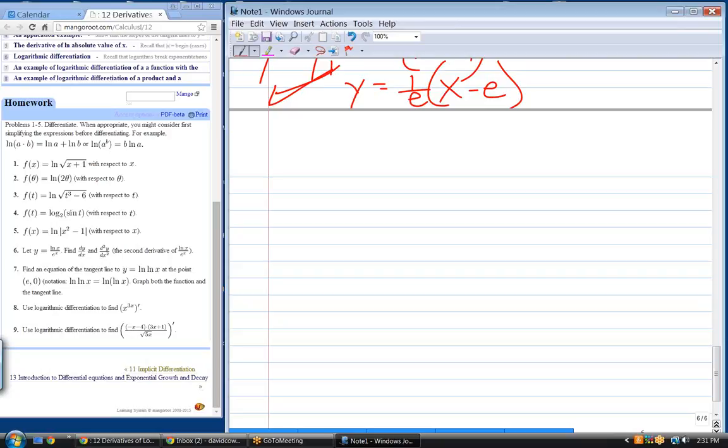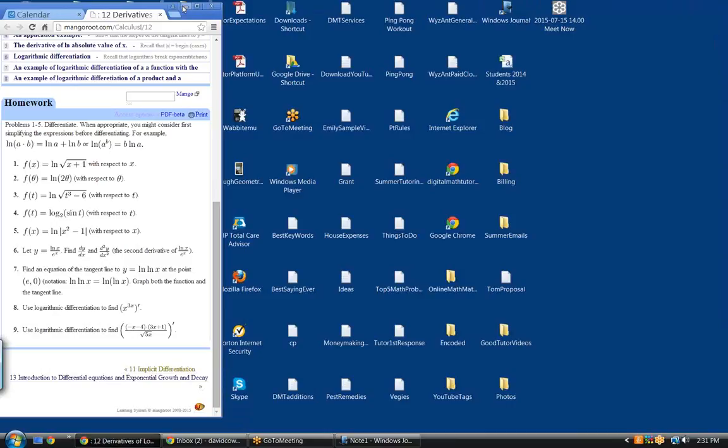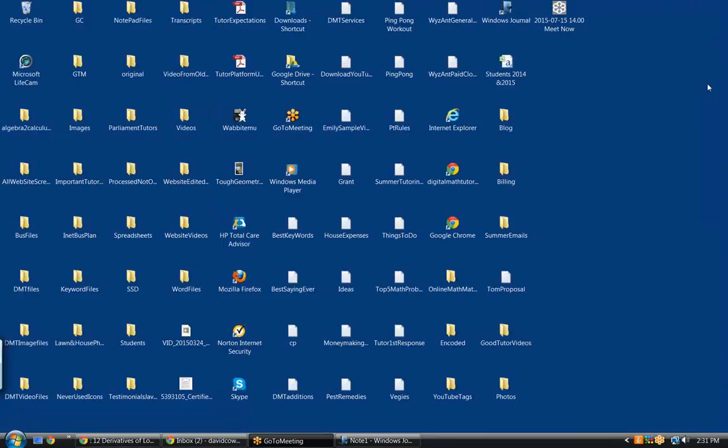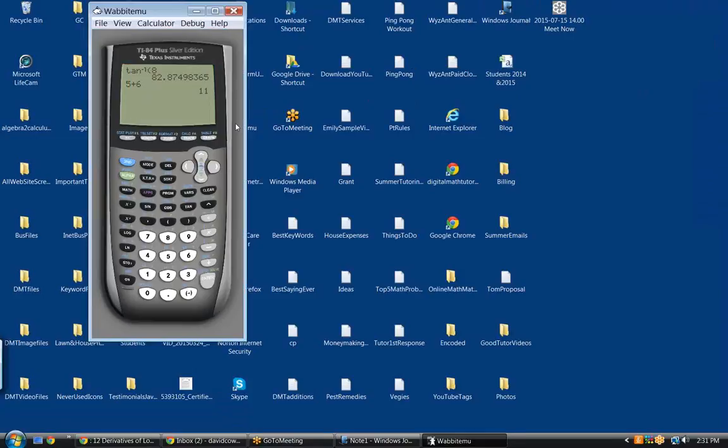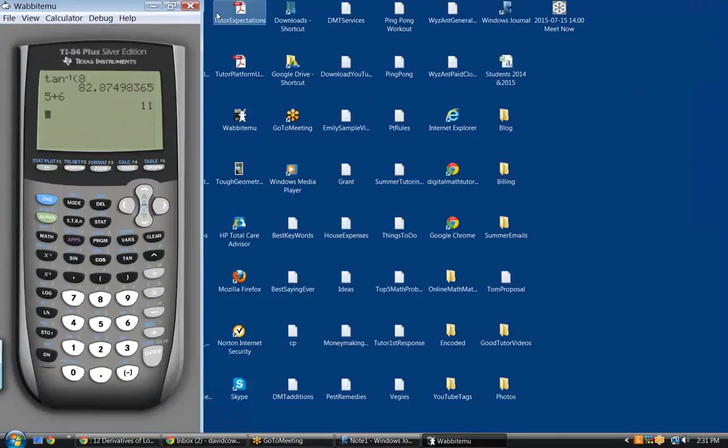So, in order to graph y equals natural log of x, you can graph that on your calculator. In fact, let me do it. I have a virtual calculator here. Let me find it. Is this the kind you have? Yeah.